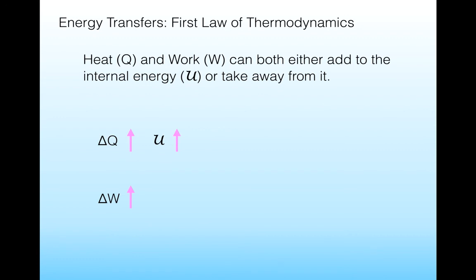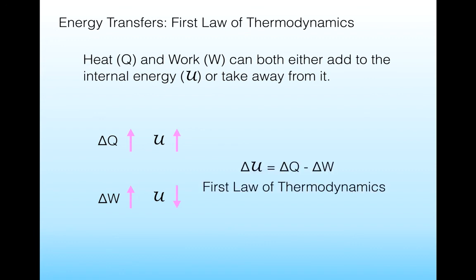On the other hand, if the amount of work that the system does is increasing, that implies that the energy of the system must be decreasing because it's losing energy due to work. In this sense, we've defined work in such a way that it's similar to friction, which also took away from the internal energy or from the total energy of a system.